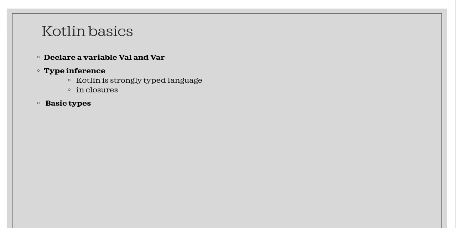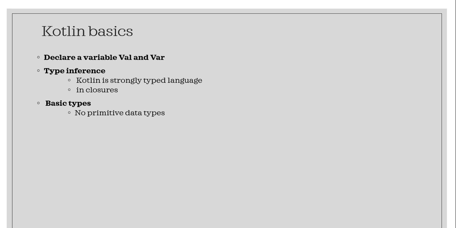So what are the basic types available in Kotlin? In Java we have primitive data types. In Kotlin there are no primitive data types; everything is in terms of objects. In Java we have wrapper classes to convert primitive data types to objects, and the JVM will unbox them at runtime.